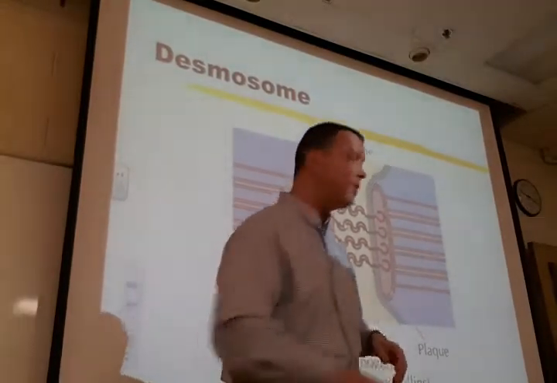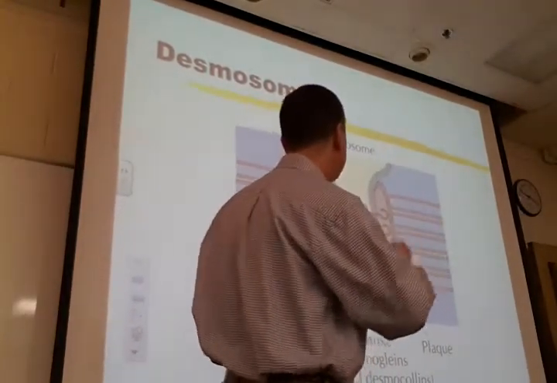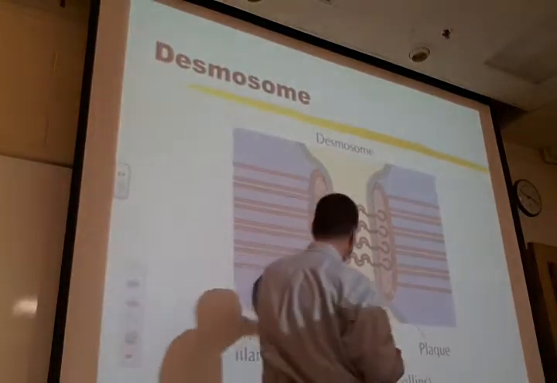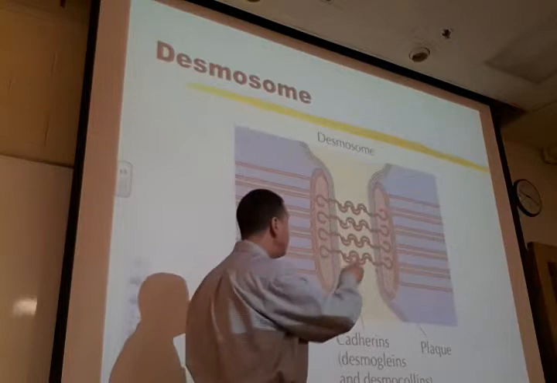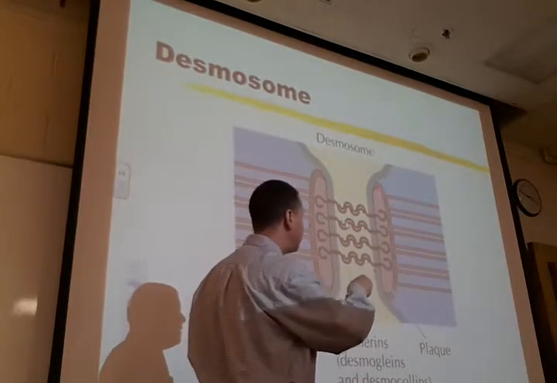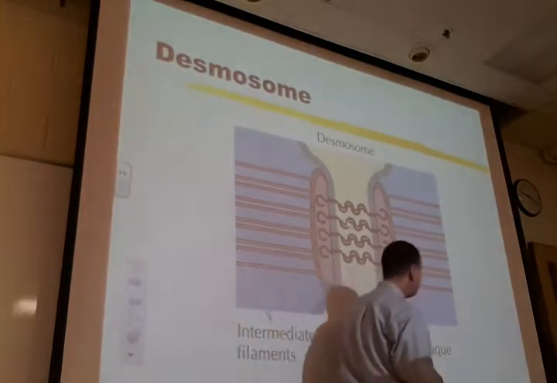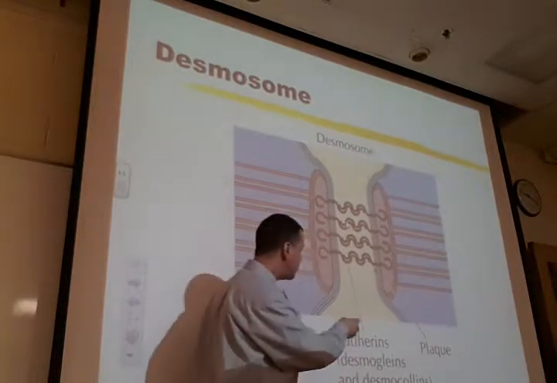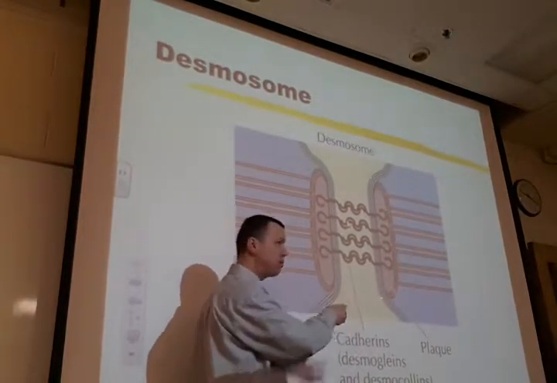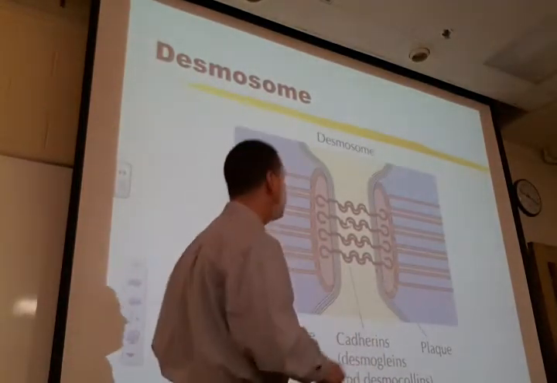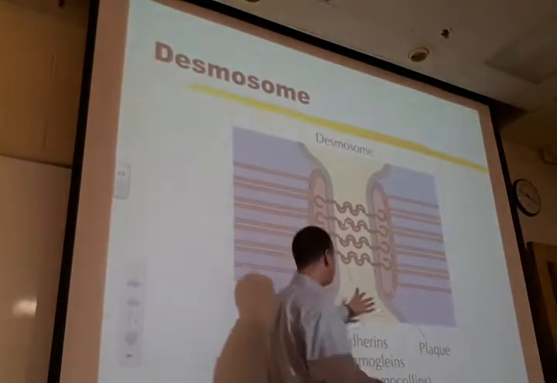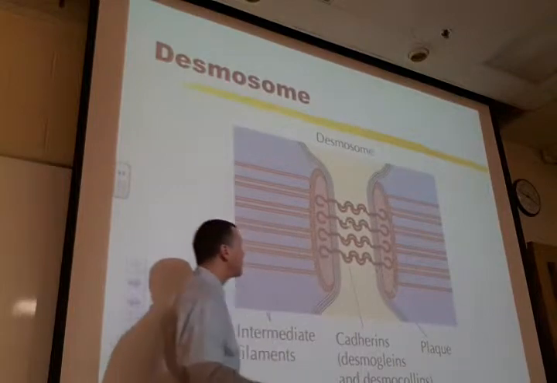So these intermediate filaments work with these things called desmosomes, which are composed of these two pieces. There are a bunch of proteins that collect here that are referred to simply as a plaque. But this is a collection of proteins. This is not just one big thing. It's an aggregation of smaller proteins, but people still refer to it simply as a plaque.